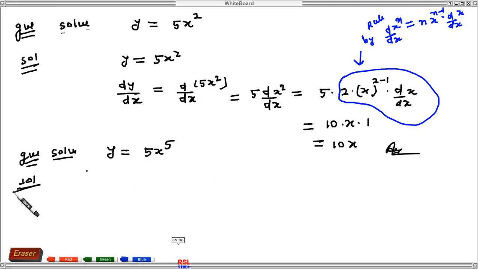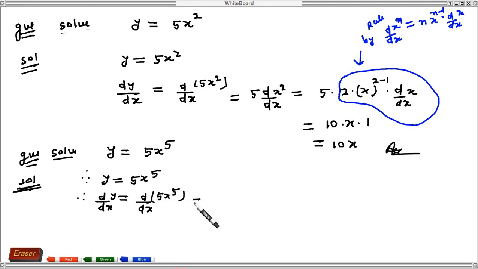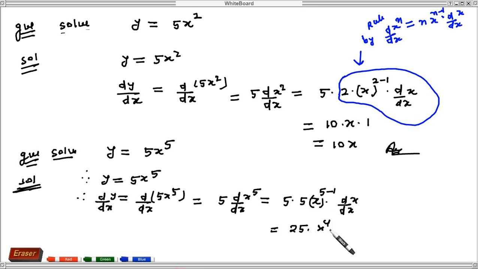Same question as earlier, only in place of 2, 5 is given. In this way we got the answer 25x power 4.